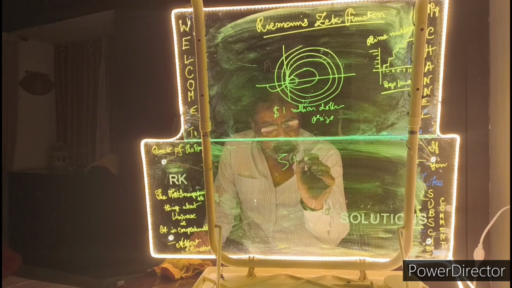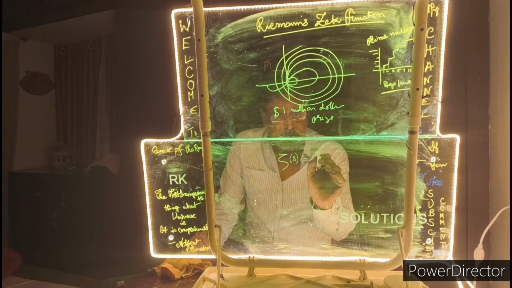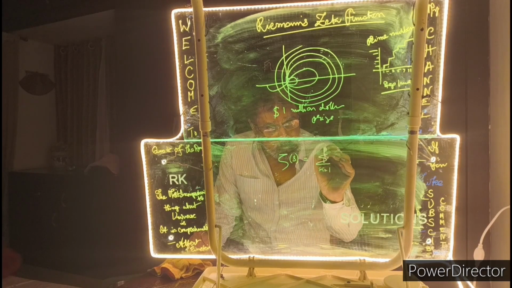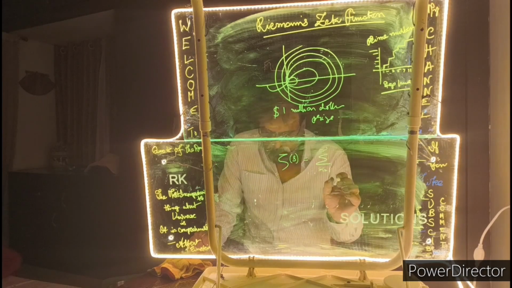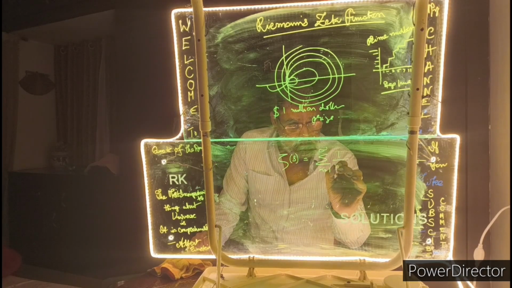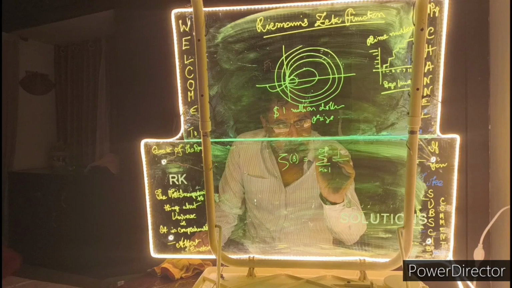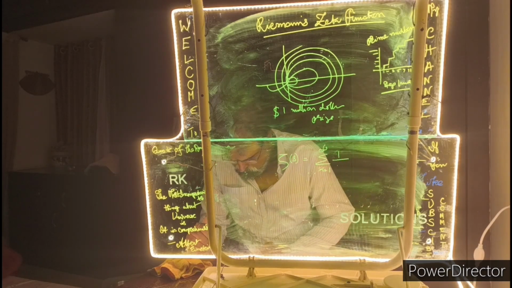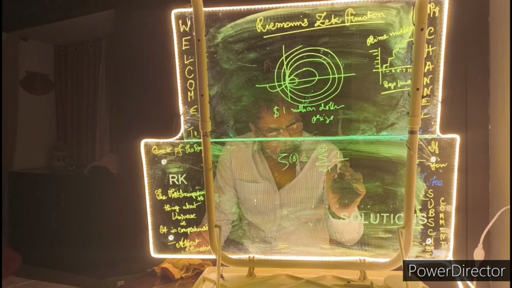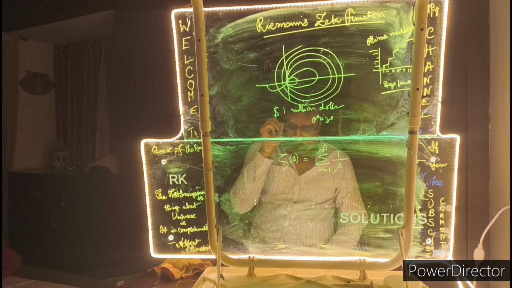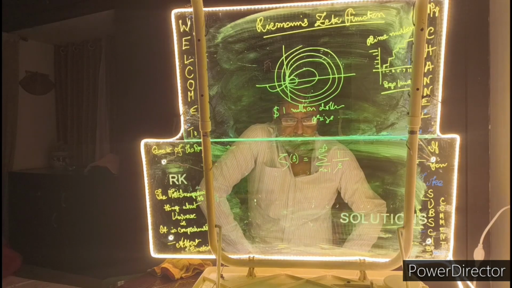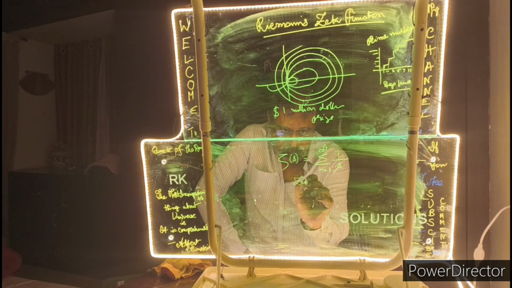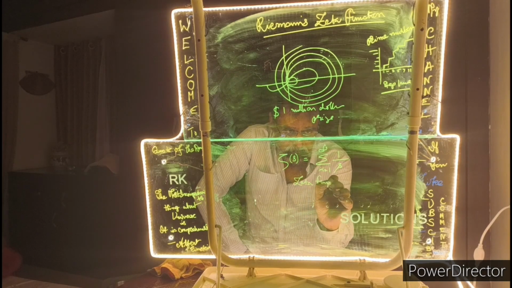Zeta of s is equal to the summation from n equals 1 to infinity of 1 by n raised to s. This is the famous zeta function.